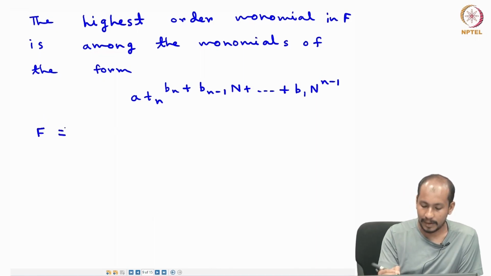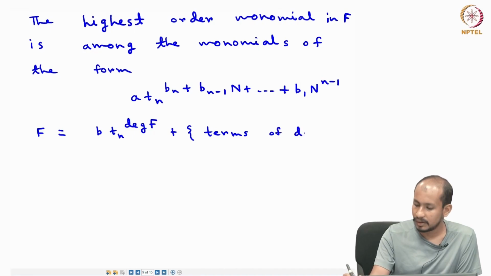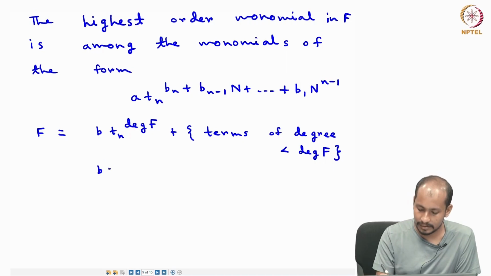Then we can write this capital F as some constant b times tn to the power degree of capital F plus some terms of degree strictly less than degree of capital F. Here b is non-zero.